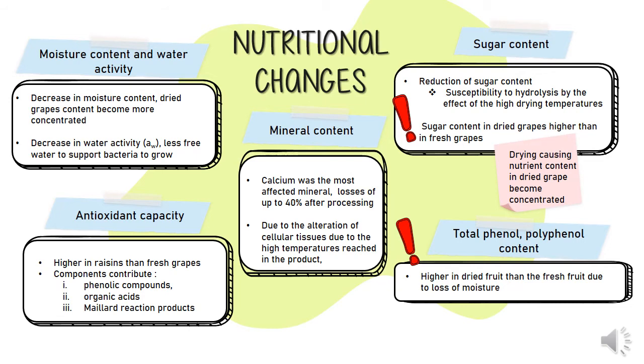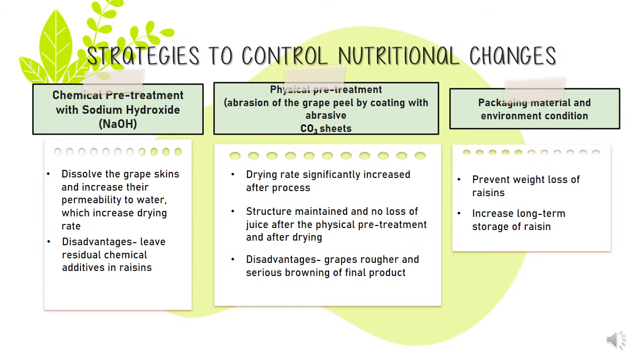So as we could see, most of the nutritional changes happen due to the drying rate, a low drying rate, which means high temperature and long drying process. So many efforts have been made to reduce the drying time as well as decrease the temperature used in the drying process.